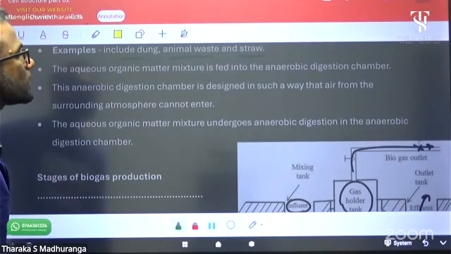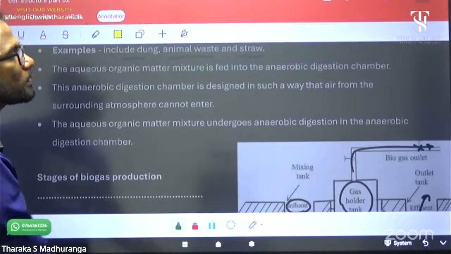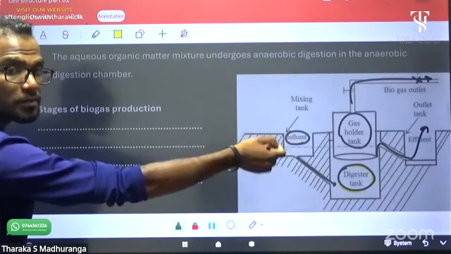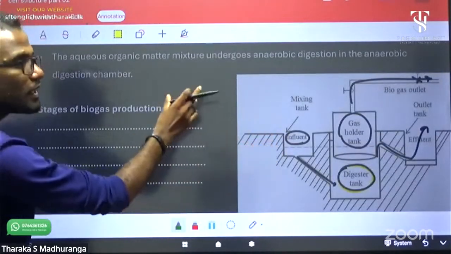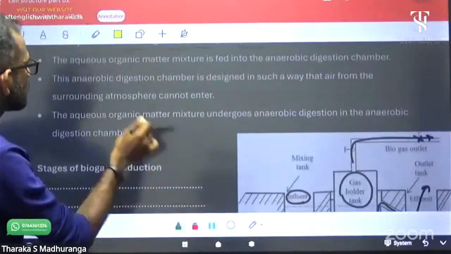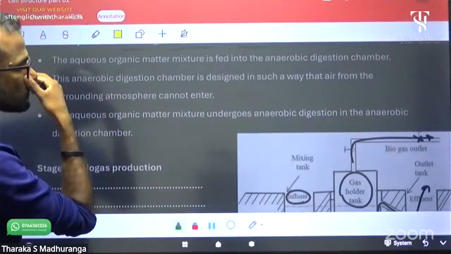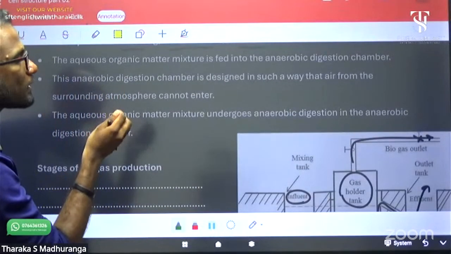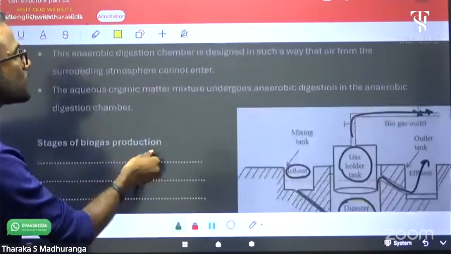The aqueous organic matter mixture is filled into the anaerobic digestion chamber. This is the anaerobic digestion chamber. It's completely anaerobic, right? It is designed in such a way that air from the surrounding atmosphere cannot enter.